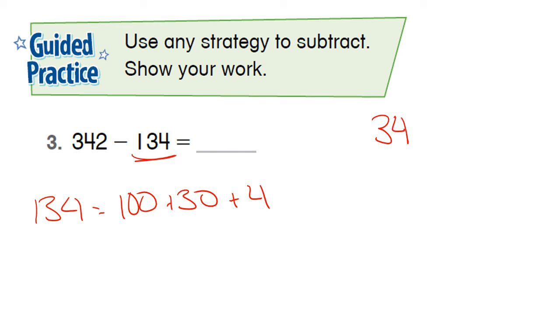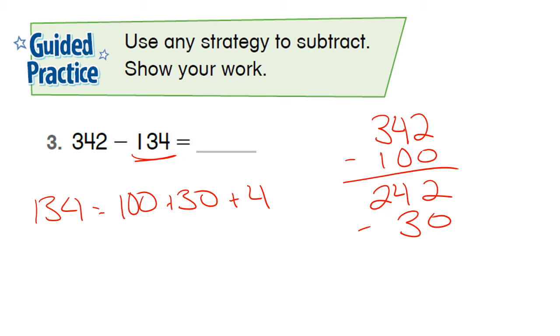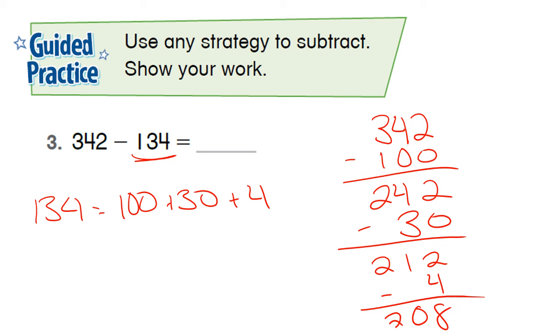So 342, and now I'm going to subtract each place value at a time. 100 is equal to 242, minus 30 is equal to 212, minus 4, and that is equal to 208. So 342 minus 134 equals 208. Again, this is just a strategy that works best for me. Feel free to use the strategy that works best for you.